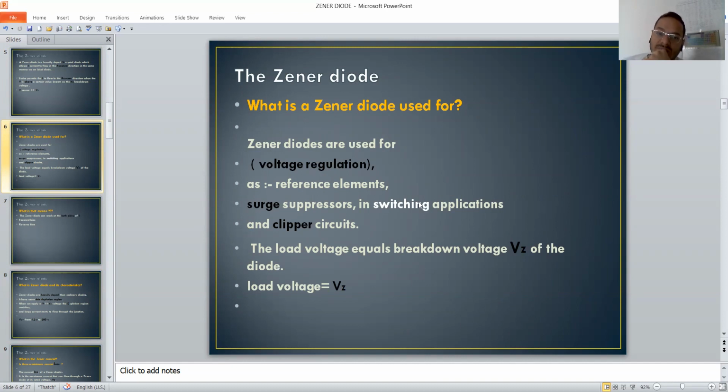As reference elements, surge suppressors in switch applications, and in clipper circuits, the load voltage equals the breakdown voltage VZ of the diode. We will answer this question: why we use it as voltage regulation at reverse bias.